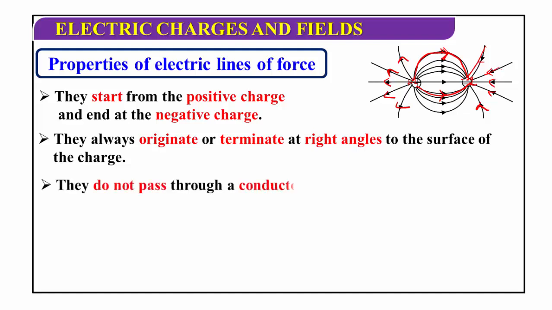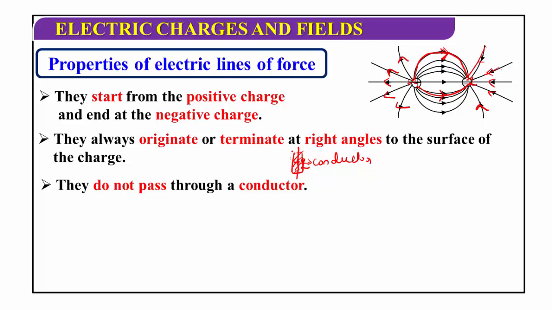And now, they do not pass through a conductor. They do not pass through a conductor because now I consider this is one small conductor. Here electric field lines are here. The current is flowing through this conductor, and the electric field is produced due to the presence of positive charges in this conductor.